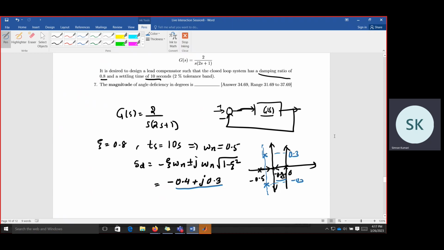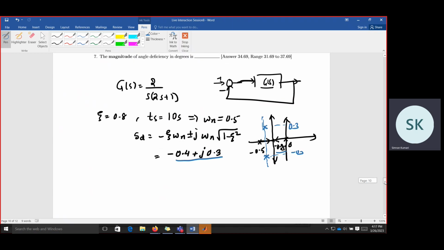But for improving the transient response, what we saw, we'll first increase the gain and see if this can be achieved. While we increase the gain, from k equal to 0 to k tending to infinity, the locus evolves like this, so it is not passing through these poles. This root locus is not right, so increasing the gain is not sufficient.